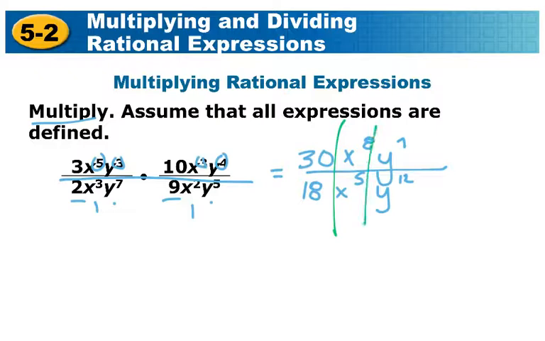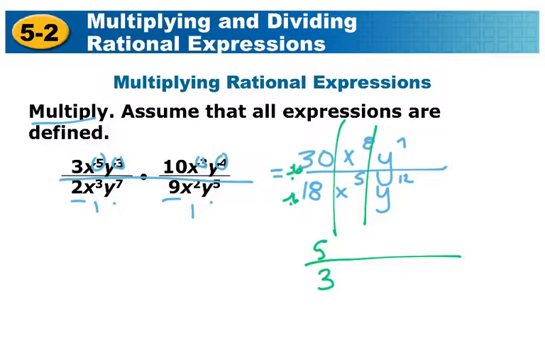So now all you need to do is think of it in its pieces. We're reducing 30/18, and 30/18 is going to be divided by 6. So if we divide the top and the bottom by 6, we end up with 5/3.